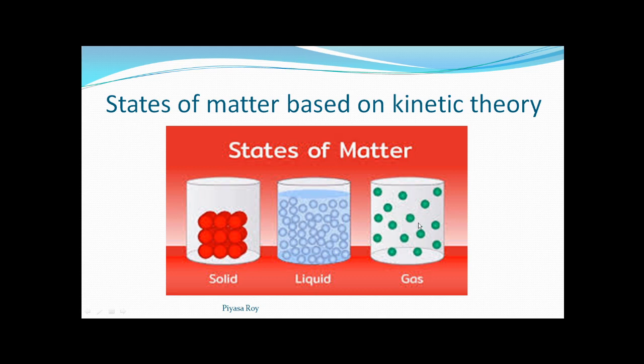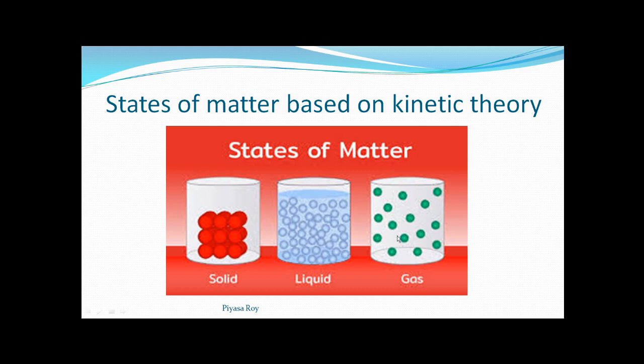Now gases have no definite shape and no definite volume. Whatever volume is offered to them, they will occupy all the volume of that container, because the particles always have random motion. Okay, and this random motion is maximum in case of gases.